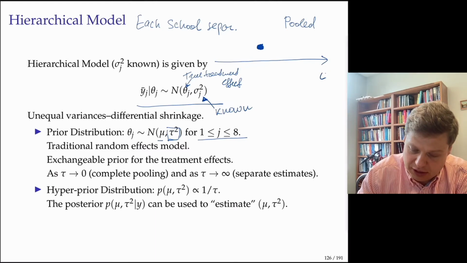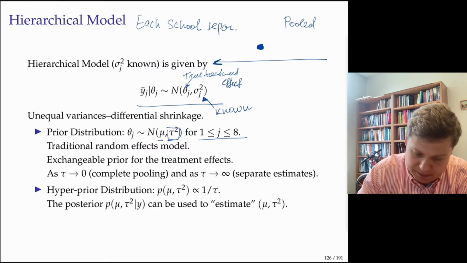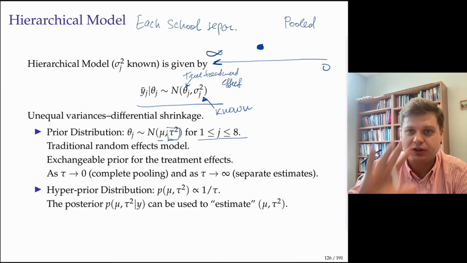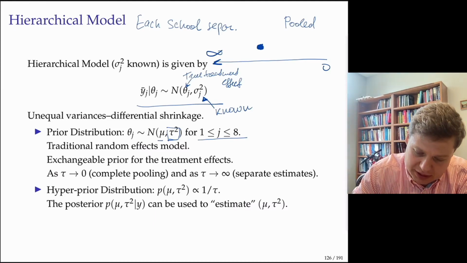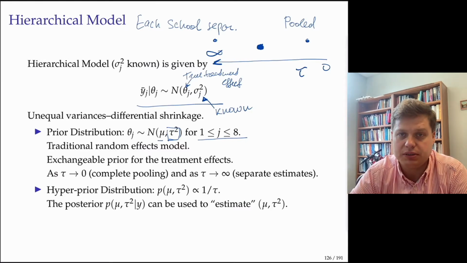So it's actually in this direction: this is 0, and this is infinity, so we just reversed the line, but in any case, when tau equals 0, you basically have a case of complete pooling, and when tau goes to infinity, you have a case of complete separation.